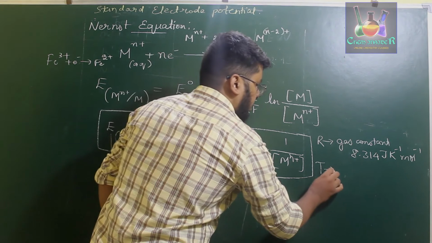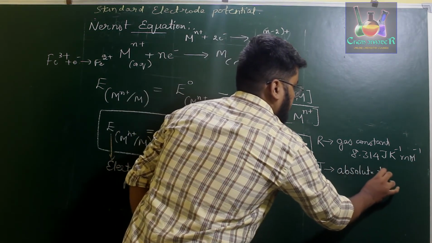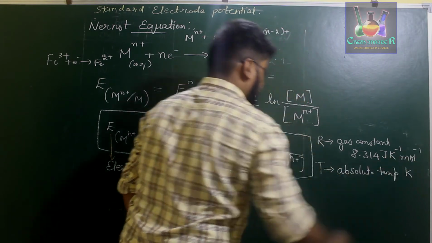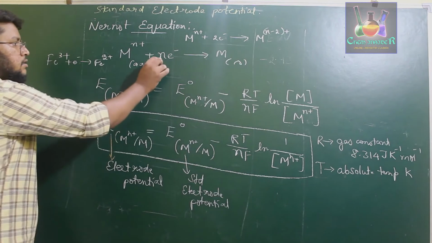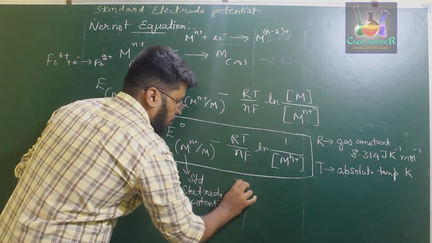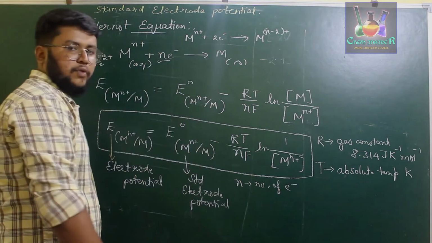T is the absolute temperature in kelvins. n is the number of electrons involved, that is this.